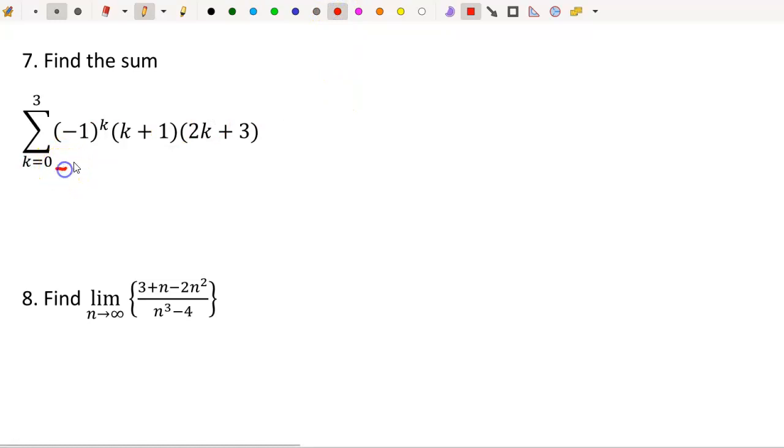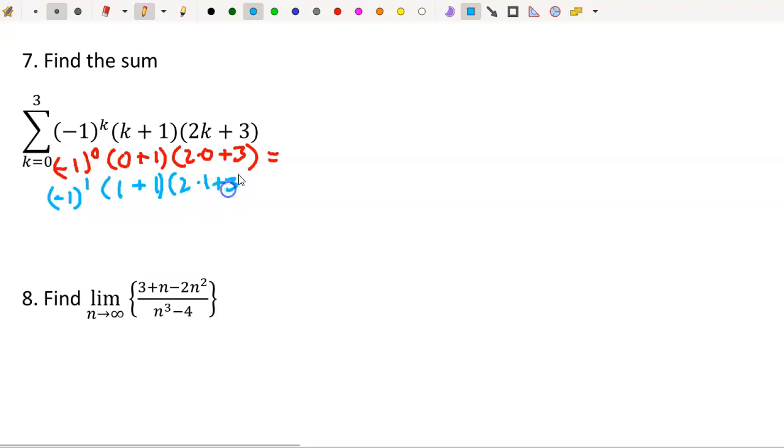Let's first plug in 0. So we have -1 to the 0, 0 plus 1, and 2 times 0 plus 3. We'll find out what that equals. I'm going to write these all out first. -1 to the first, 1 plus 1, 2 times 1 plus 3.